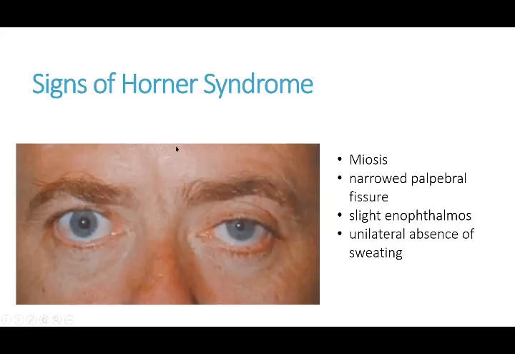And there is unilateral loss of sweating that you cannot see in this picture. So these are the signs of Horner syndrome. You get this in a SEQ to diagnose what the disease is: meiosis, ptosis, and anhydrosis.